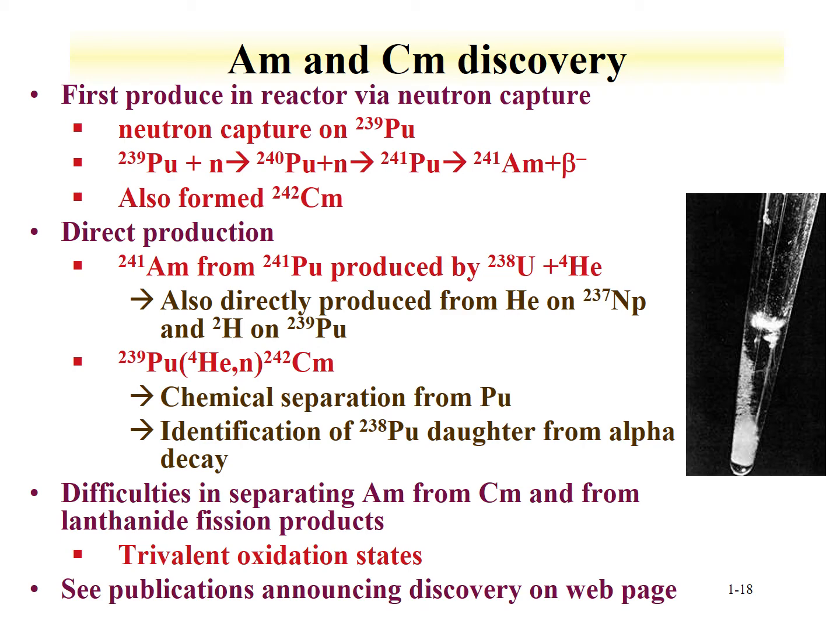The chemical separation from plutonium was achieved, and the curium-242 decayed to plutonium-238. They understood the energies and the half-life of plutonium-238. If they saw something decay to it, and they knew that that decayed in alpha, you actually had a genetic relationship. So you could clearly identify a produced isotope from something that had an alpha decay.